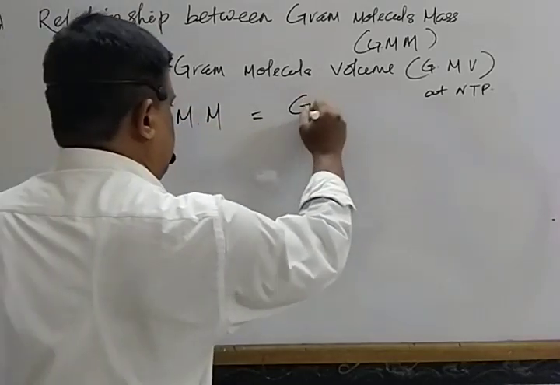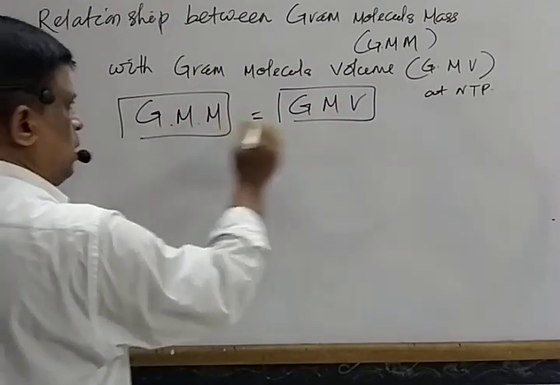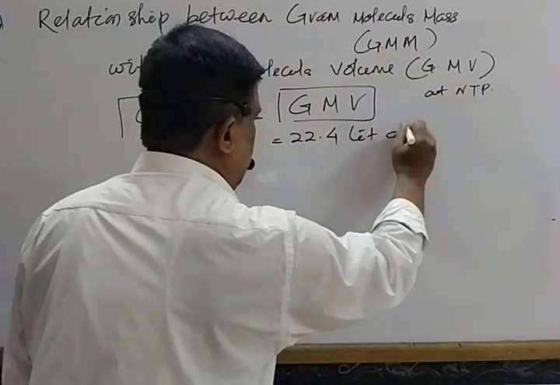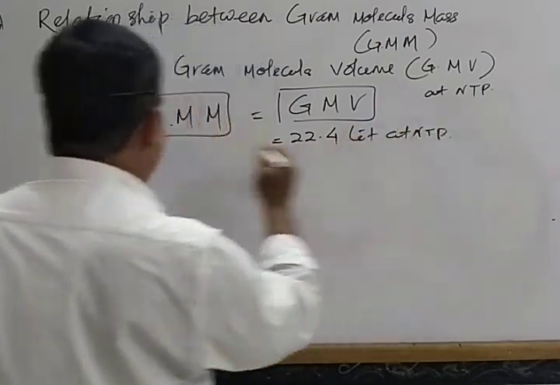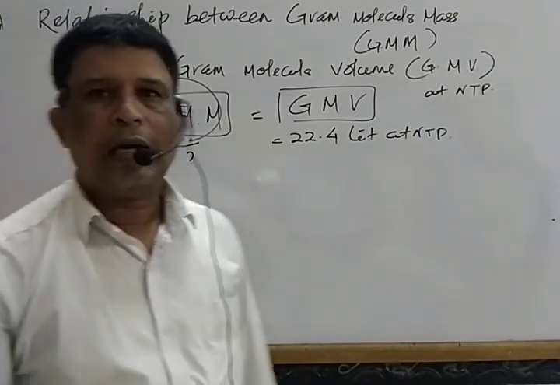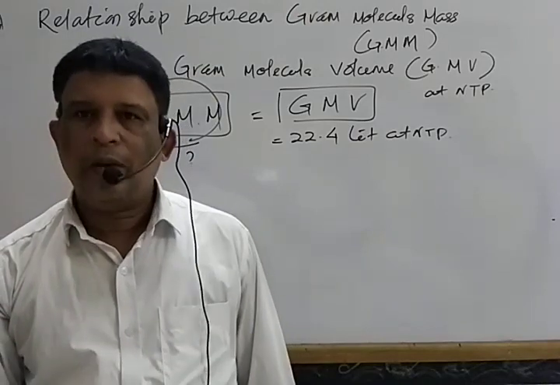GMM is equal to GMV. These two are fixed, where this value is equal to 22.4 liter at NTP. This is fixed, but this gram molecular mass is variable depending upon the type of molecule. Let us select one by one.